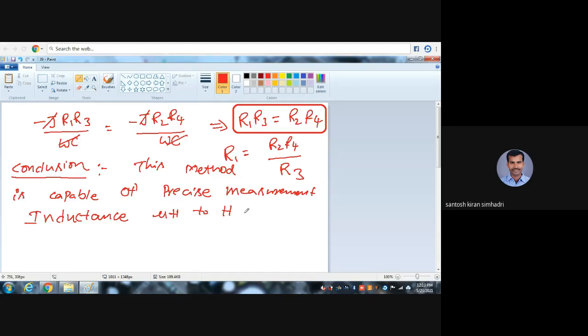Now our favorite bridge, the Anderson bridge, is finally compromised with precise measurement of inductance from several microhenries to henries. That is the discussion. That is the beauty of the subject. Please love your subject, then automatically it is very beautiful. Okay, now I will save the discussion.